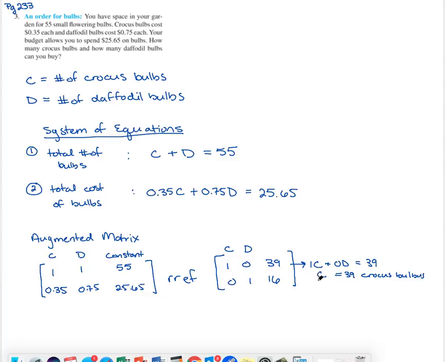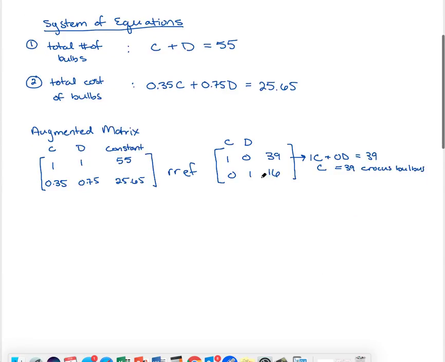Let me scroll up here. Now let's talk about what the second row is telling us. The second row says that 0 times C plus 1 times D is equal to 16. Again, let's simplify this. 0 times C is 0, and 1 times D is just D. So this second row tells us that D is equal to 16, which means we can purchase 16 daffodil bulbs.